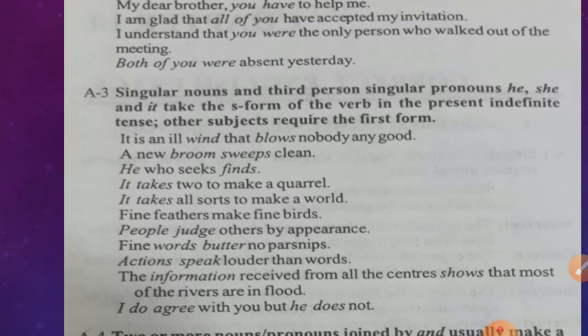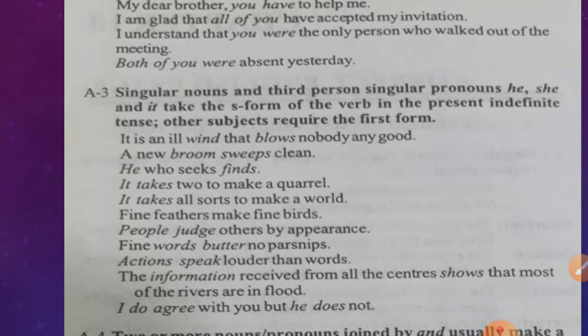The information received from all the centers shows that most of the rivers are in flood. Again, it is a bit confusing sentence because we have centers, but you will have to be somewhat sharp-minded.